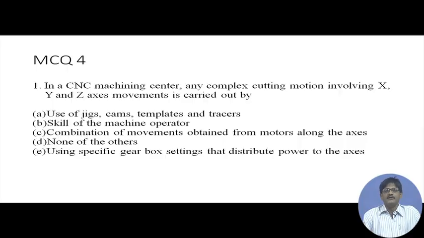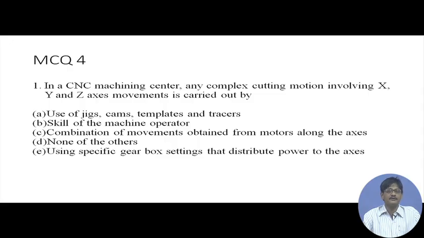So, first one, use of jigs, cams, templates and tracers. Some physical devices are being referred to, and these physical devices are not actually present in CNC machining centers, or for that matter in any CNC machine. So, first is not correct.